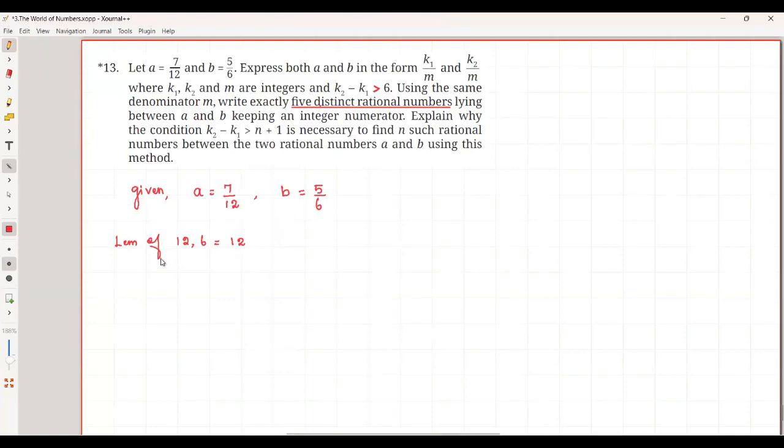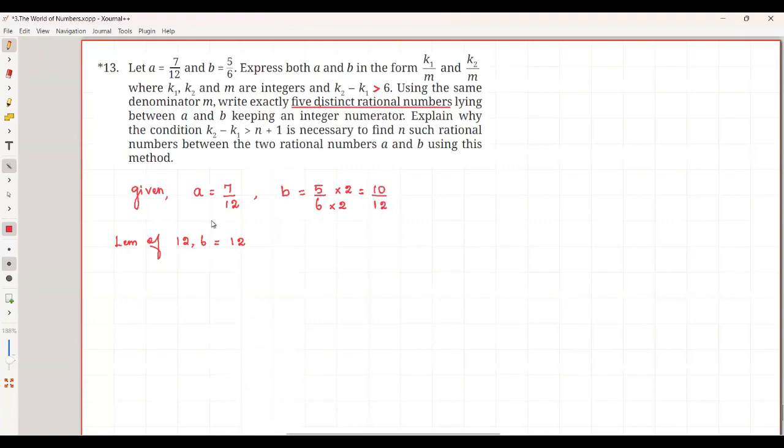A already has 12 as the denominator, so I have to make the denominator 12 for B alone. B, I should multiply by 2. 6 2s are 12, so 5 2s are 10. If I multiply by 2, I get 10 by 12.